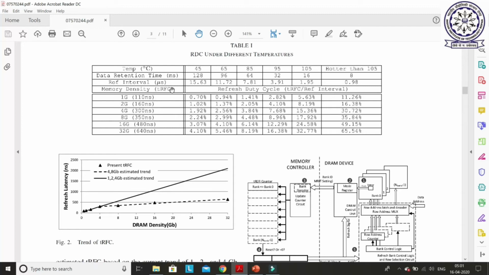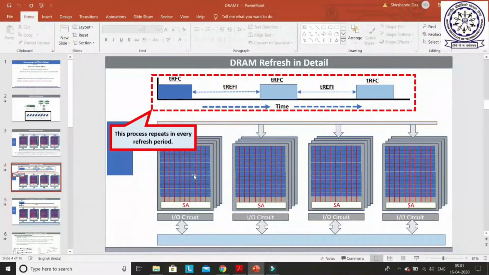I'm not explaining in very much detail the concept of RFC, then refresh interval, then retention time. All these things must be clear to you, and their relationship with each other must be very clear, and that will be cleared if you just go to this slide and play it in slideshow mode.